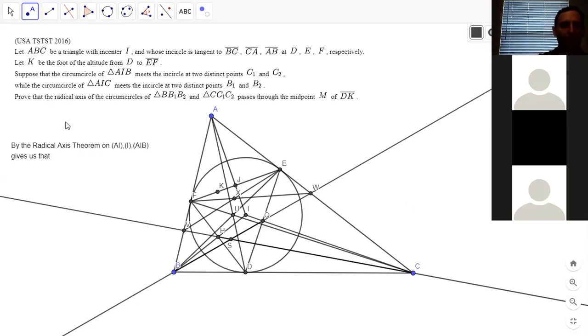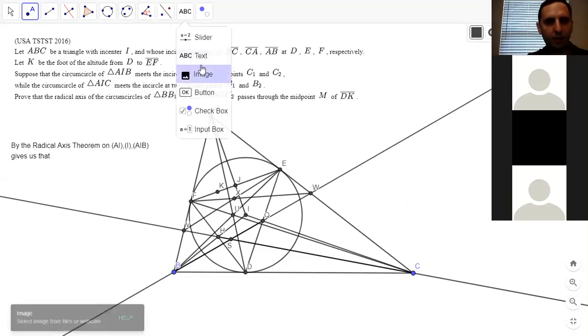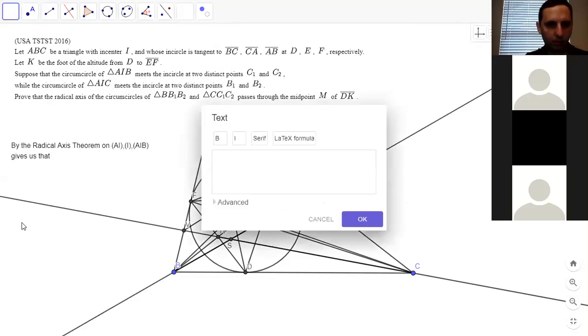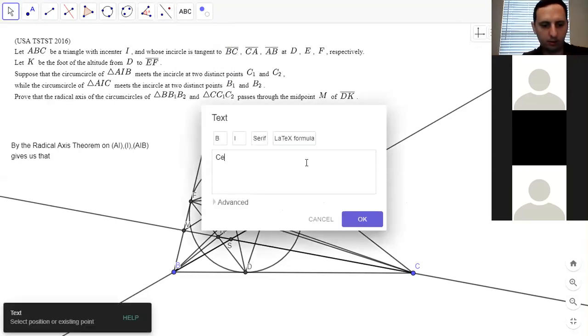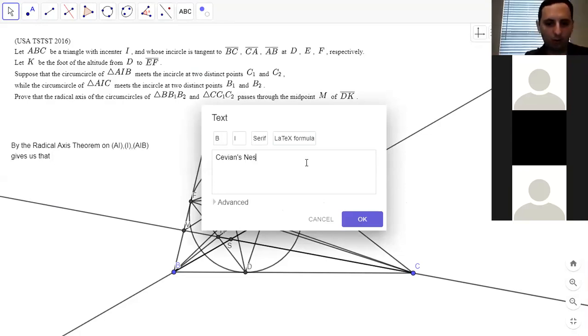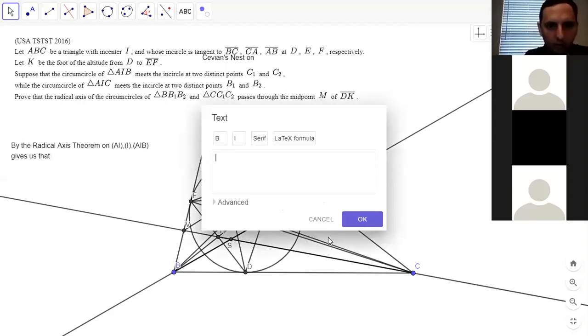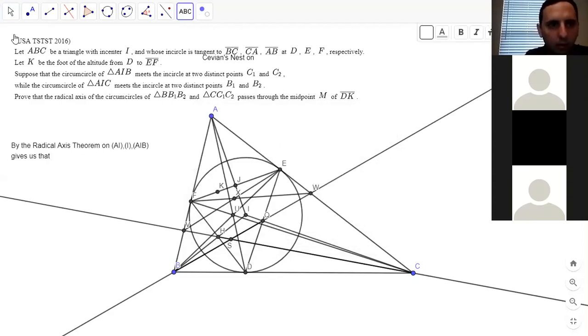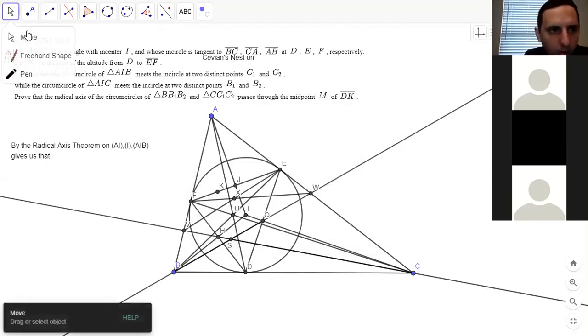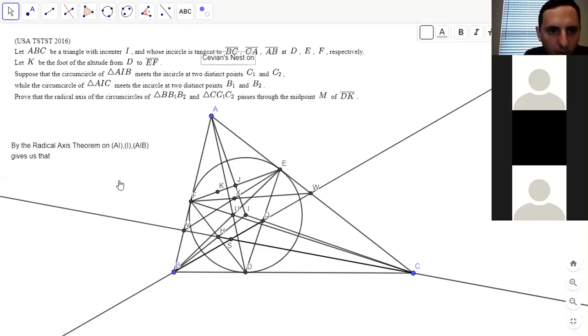Okay. So Chevian's nest theorem. I'll just write out the two. So Chevian's nest on BCU, HQJ, and EFD.